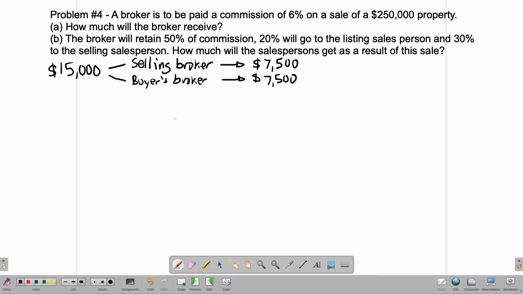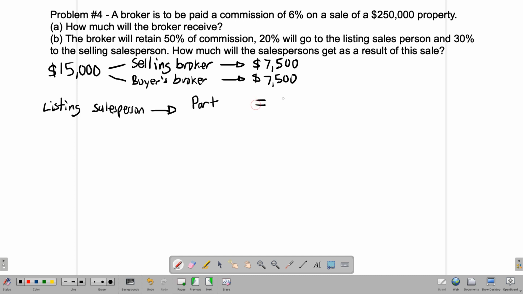All right. So we have the listing side. Really, it's whatever broker represents that side. So for the listing salesperson, we would just go ahead and do this equation, so we'll see that everything can be related to this.